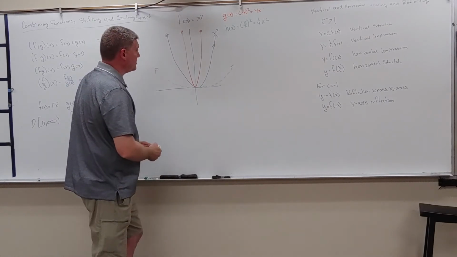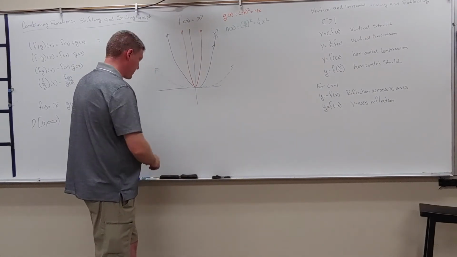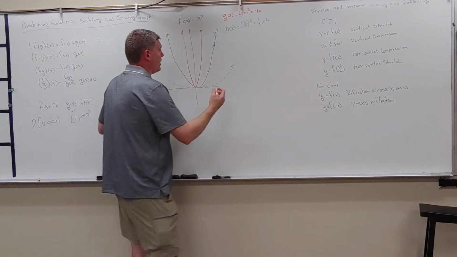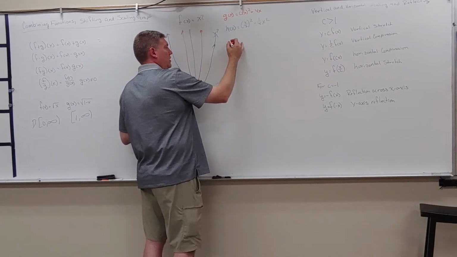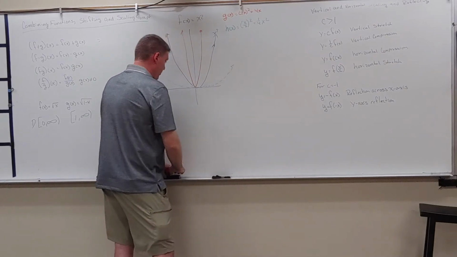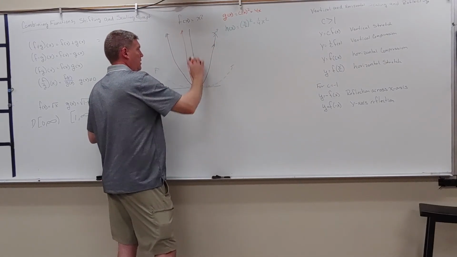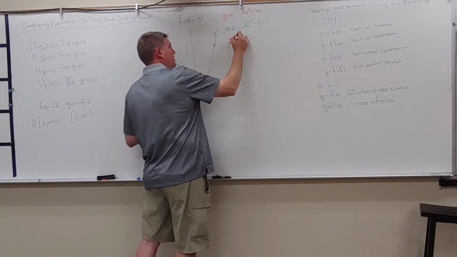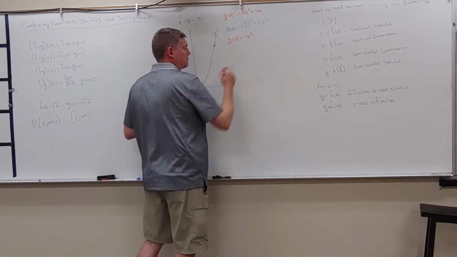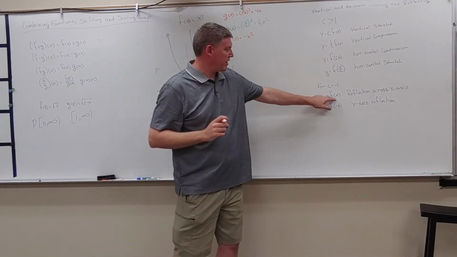Well, what happens if I now erase this orange one here, and I go g of x equals negative x squared. Okay, so that's this one right here.